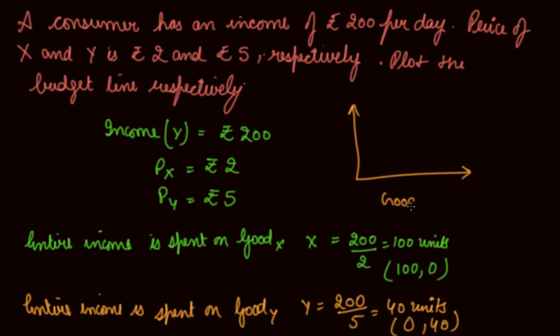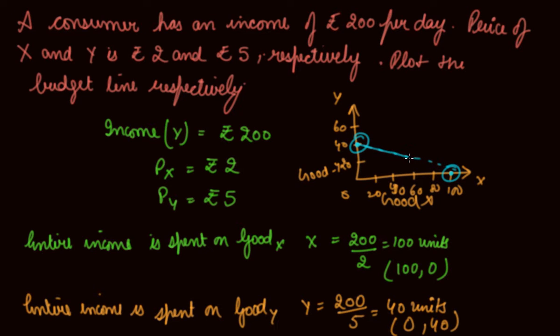Good X, good Y, 20, 40, 60, 80, 100. When X is 100 units, you obtain 0 units of Y. When you consume 40 units of Y, you consume 0 of X. So this is a straight line.